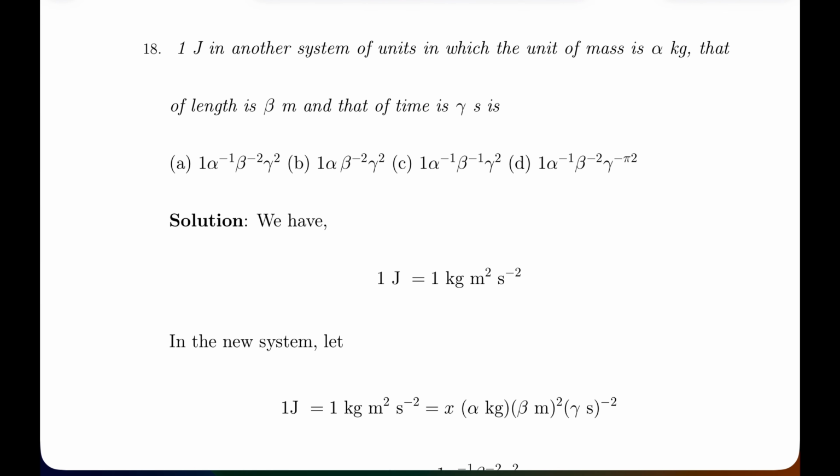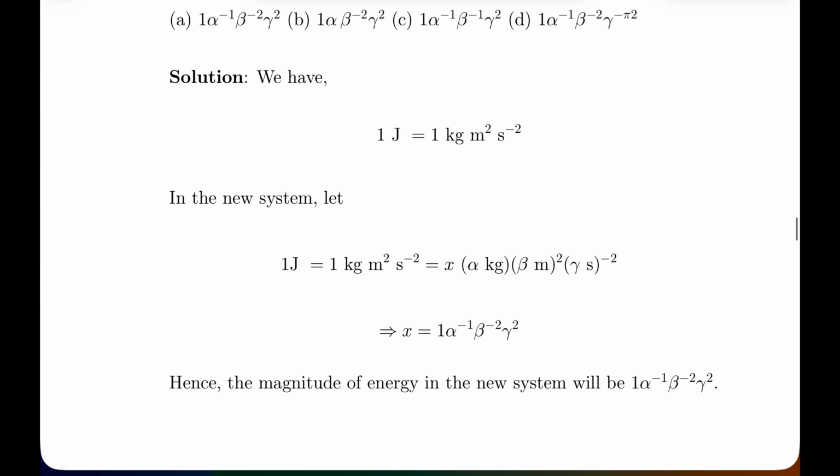For per second square, we write gamma second to the power minus 2. Okay? So we get the value of x as 1 alpha to the power minus 1, beta to the power minus 2, gamma to the power 2. Hence the magnitude of energy in the new system will be 1 alpha to the power minus 1, beta to the power minus 2, gamma square.